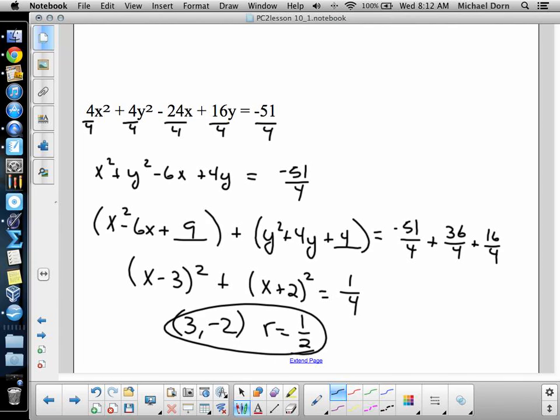If these values are not the same, it's not a circle. If they're both the same sign, if it's a plus and they're different, that'll be an ellipse. If this is a minus sign and they're different values, or if it's just a minus sign, then it's a hyperbola. And we'll spend a lot of time just talking about distinguishing what it is based on the general form. But they have to be the same for it to be a circle.